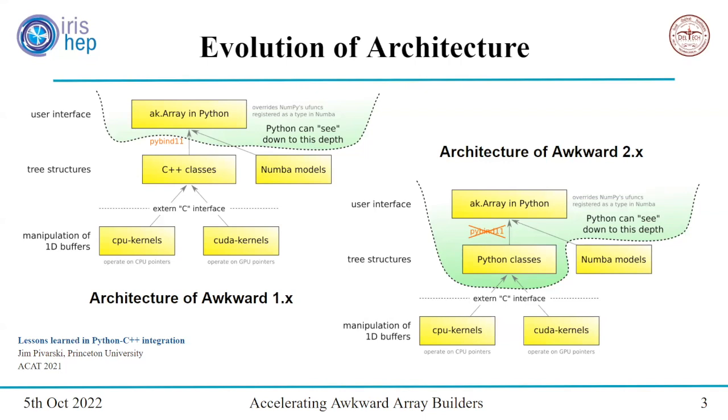Previously, the main code base was written in C++ with the idea that the downstream code would link to libawkward.so. But as Jim described in his talk at the last ACAT, that route is full of hidden gotchas. That's why the awkward tree manipulation needed to be re-implemented back into Python in order to make it more transparent to other Python libraries.